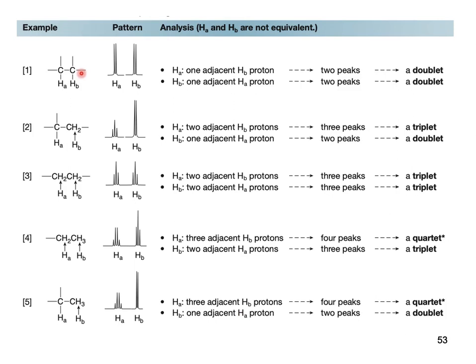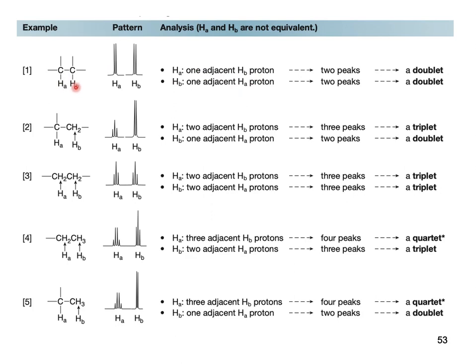For example, this is the proton Ha. The near carbon contains only one proton, so Ha has one equivalent adjacent proton, Hb.